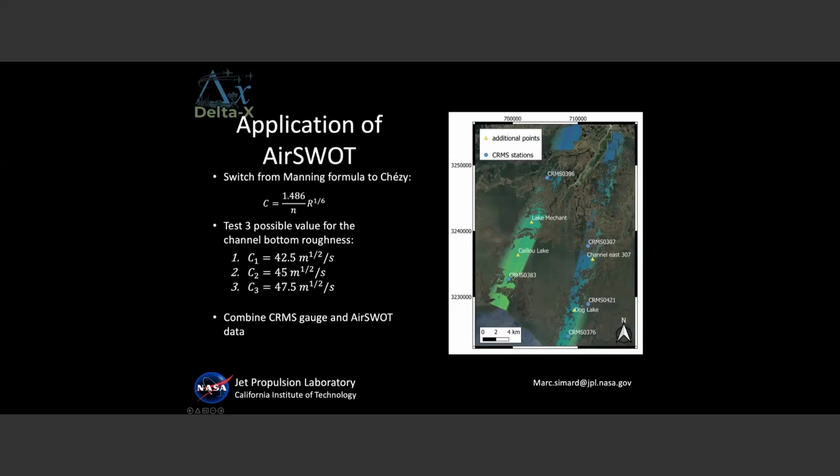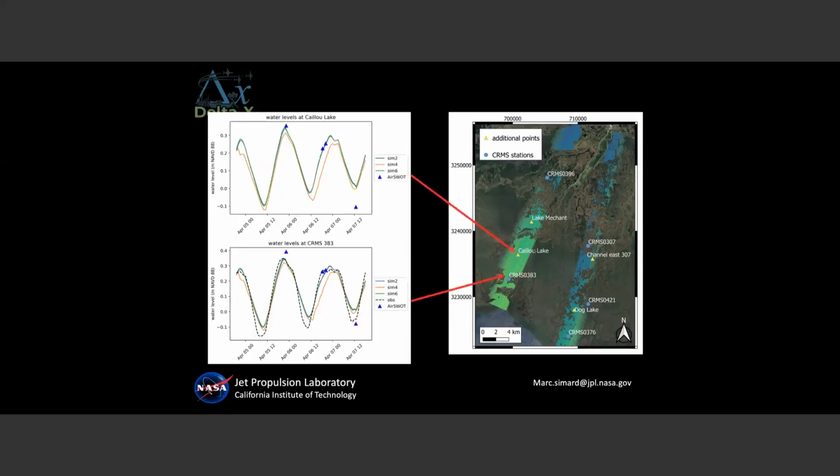So AirSwap gives us a very nice near instantaneous gradient of water surface elevation. So basically the slope of the water. And using the observed slope, we can try to estimate the friction coefficient and or the bathymetry. And we've been doing that.